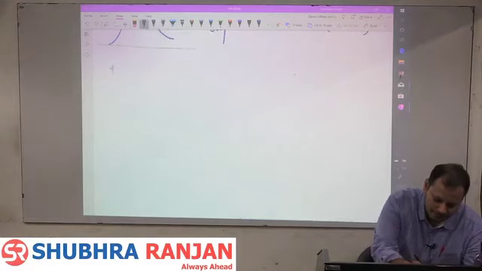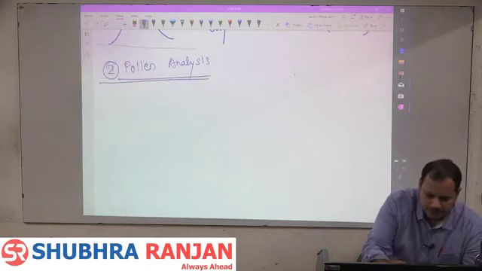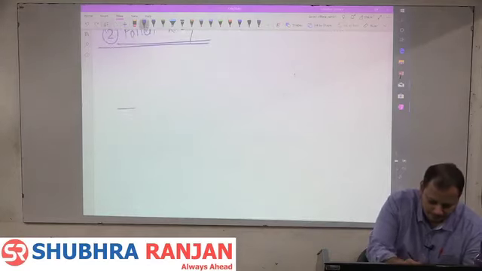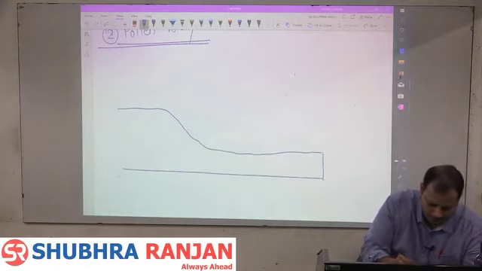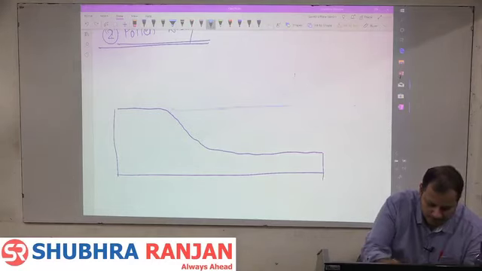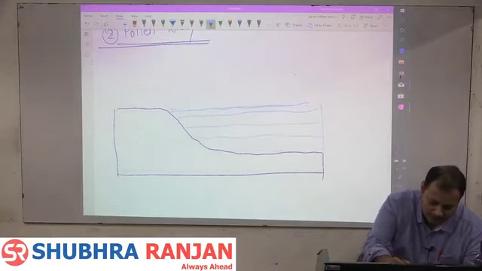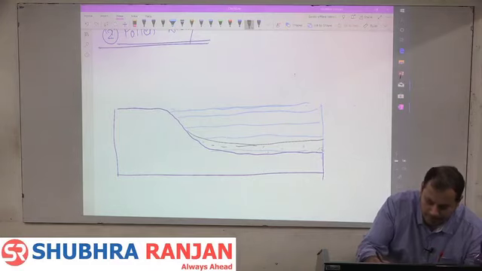Second, pollen analysis. See, most of the pollen grains from the land are destroyed, but large amount of pollen grains survive on the bottom of the lakes. Suppose this is the bottom of a lake. Getting it? This is the mud.